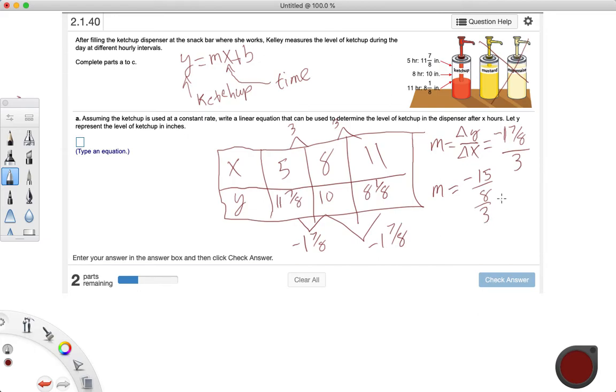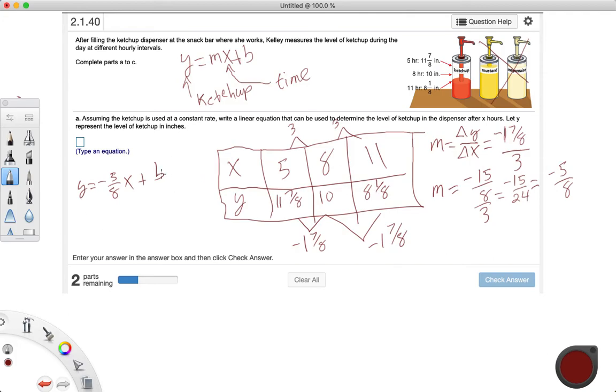And then that would become negative 15 over 24, which would equal, both are divisible by 3, negative 5, sorry, 8s, negative 5/8. Okay, so our slope is negative 5/8. Y equals negative 5/8 x plus b. We still don't know what our b is, right?